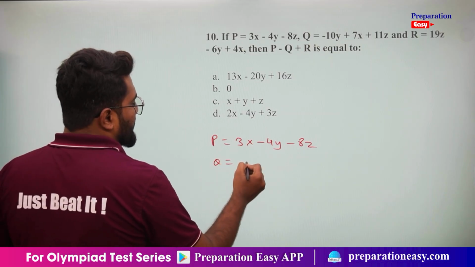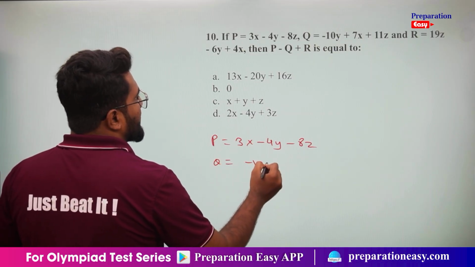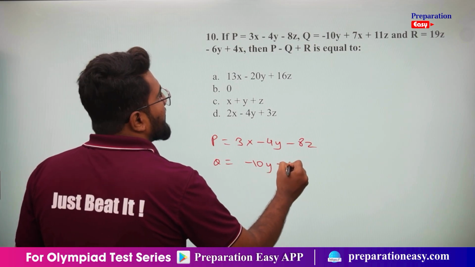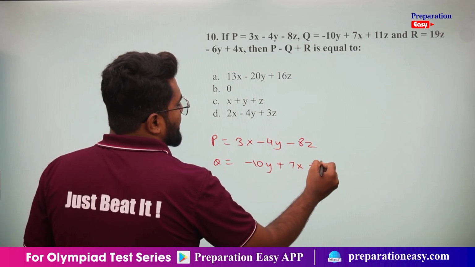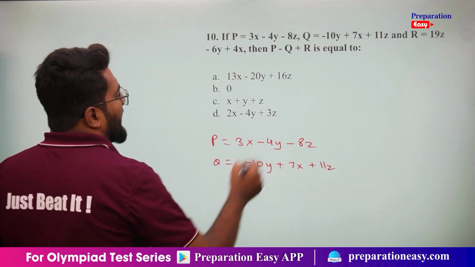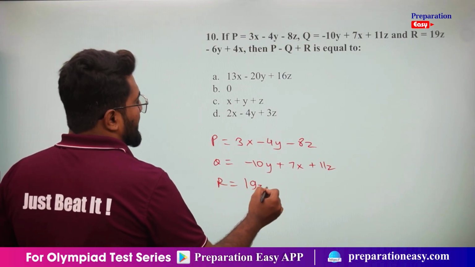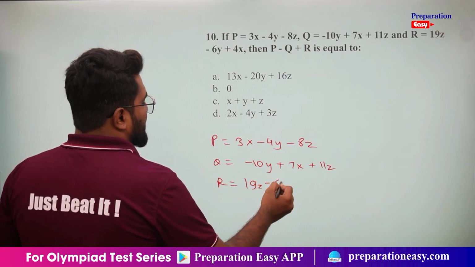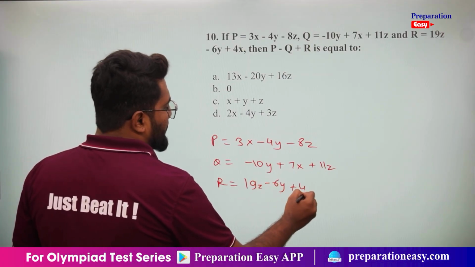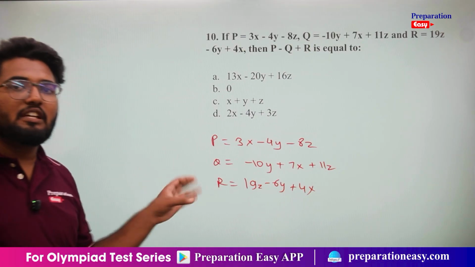Q equals minus 10y plus 7x plus 11z. And at last R is given as 19z minus 6y plus 4x. These are the values of P, Q and R.